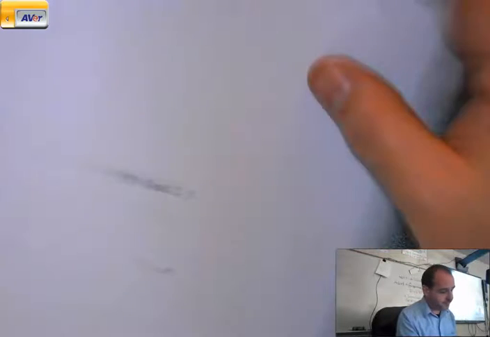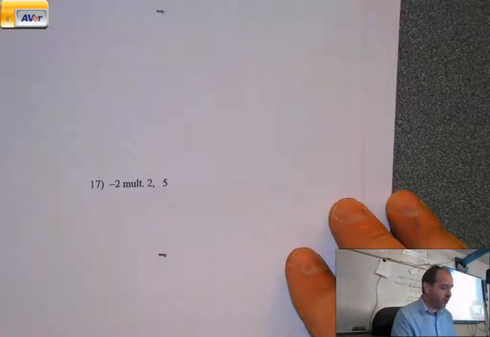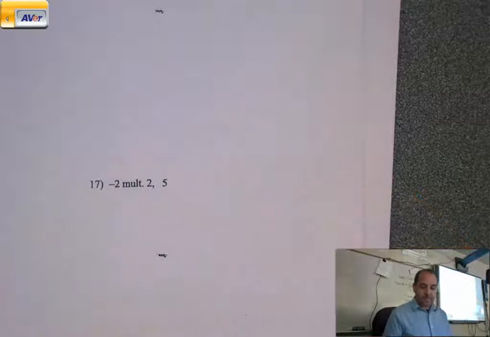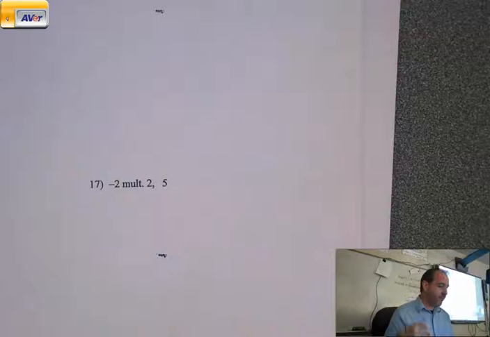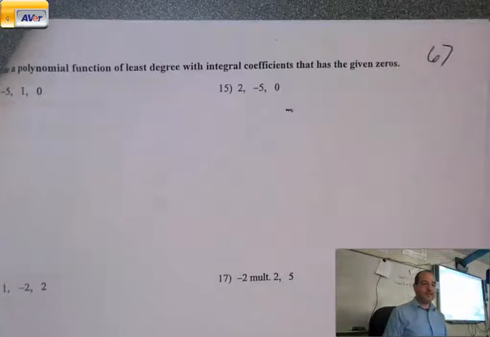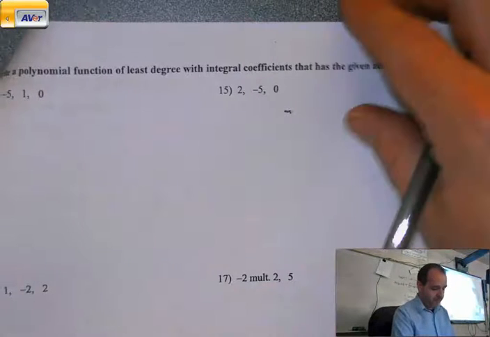So let's see here. Polynomials of least degree with integral coefficients. Okay, now here is where we've had some discussions before, so what does this actually look like? We're going to go with what we have been going with.